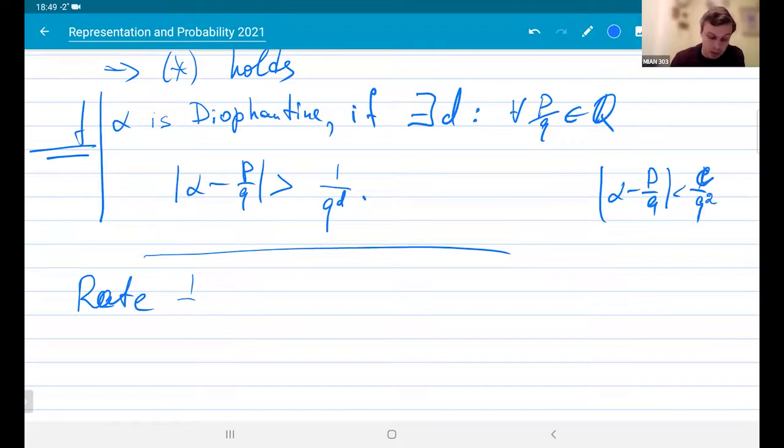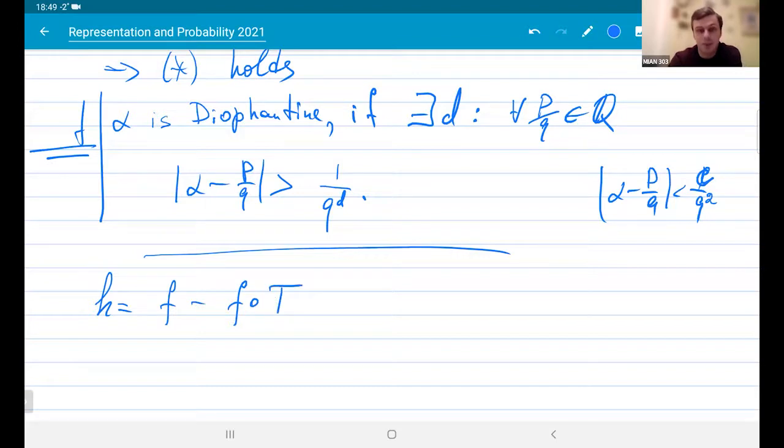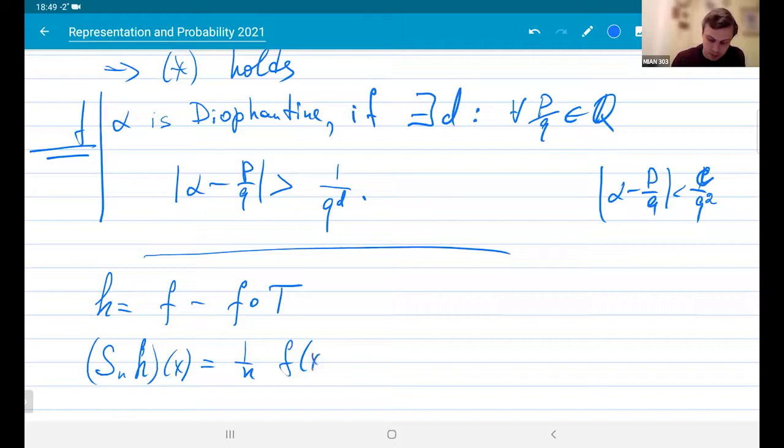So let's consider the following function h, which is the difference of such sort. Then you have that S_n h of x is something like this.